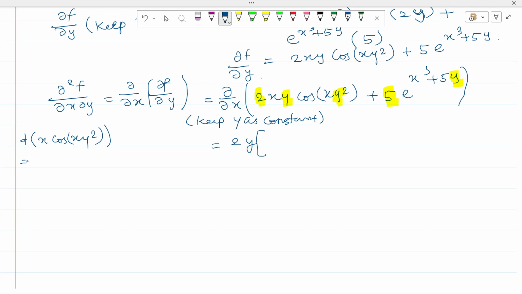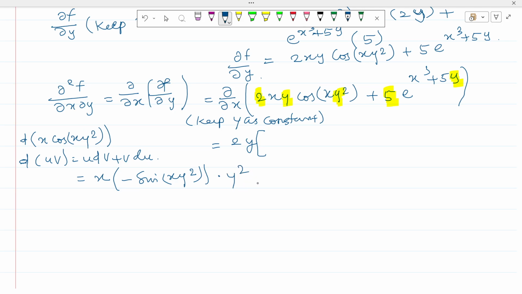That is, it is d of uv model, u dv plus v du. What is u here? x is u. Differentiation of cos is minus sin xy square, and then differentiation of xy square is y square.